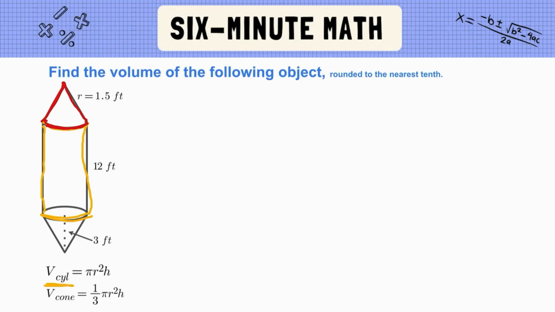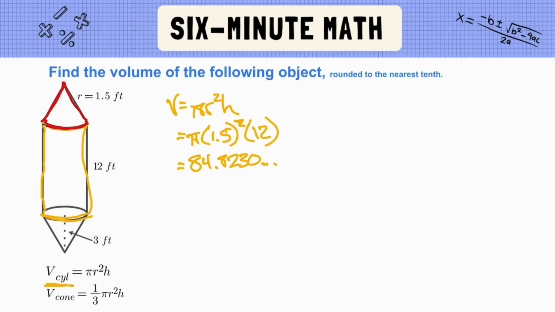Let's do that cylinder first. Our volume is pi r squared times height. We have pi times 1.5 squared times 12. And I can find that volume as 84.8230.